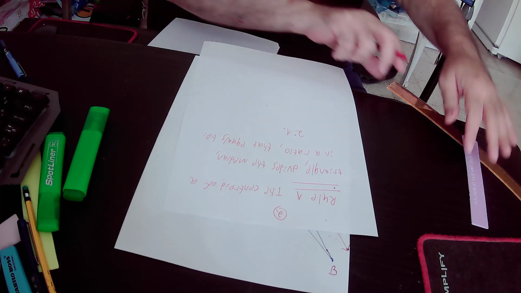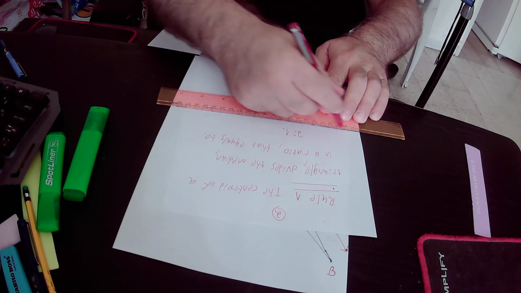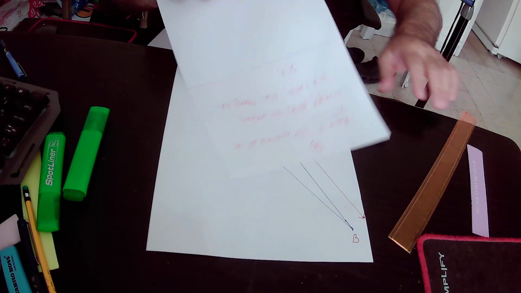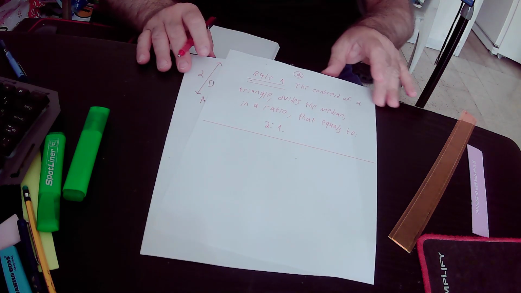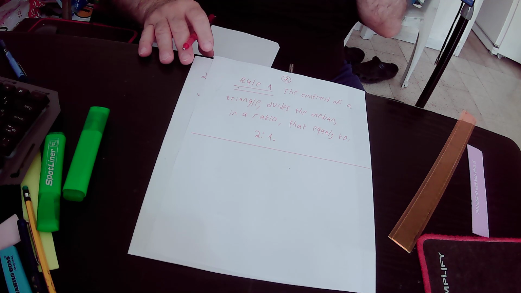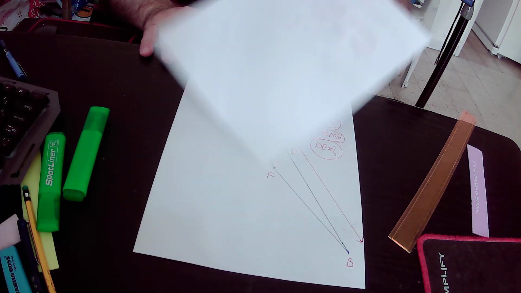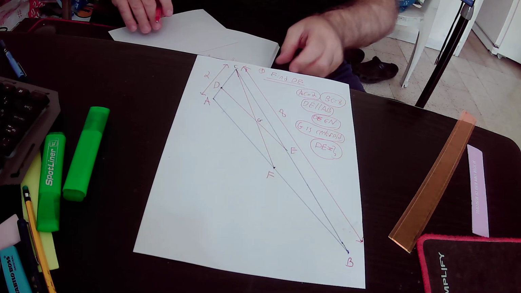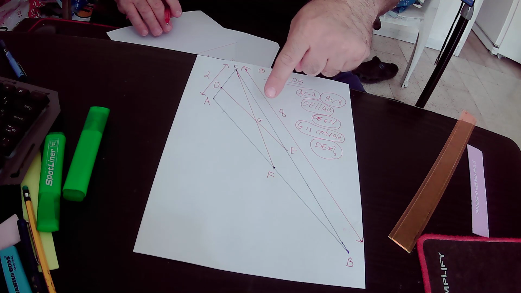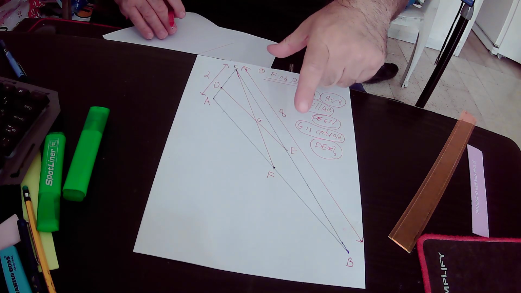So I will read rule number 1 again. Rule number 1 states that the centroid of a triangle divides the median in a ratio that equals 2 to 1. So actually, we know that G is the centroid of triangle ABC and CF is the median.